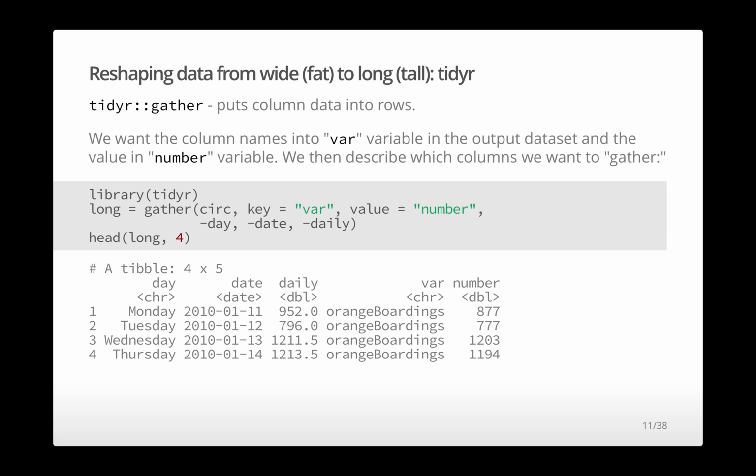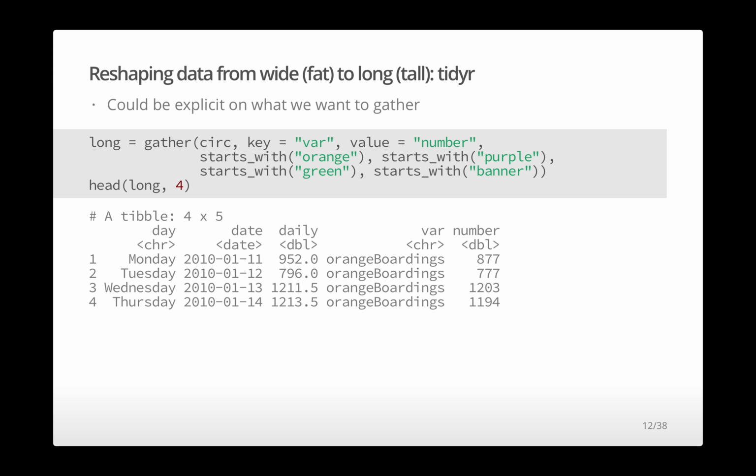In this instance, I said I don't want to gather day, date, or daily, which means it's going to do all the other ones and gather them up. Okay? So day, date, and daily stay exactly as they are. The other ones get reshaped down. So now they were column headers, but now this is a variable, and this is the value that was in them. We do a little table.